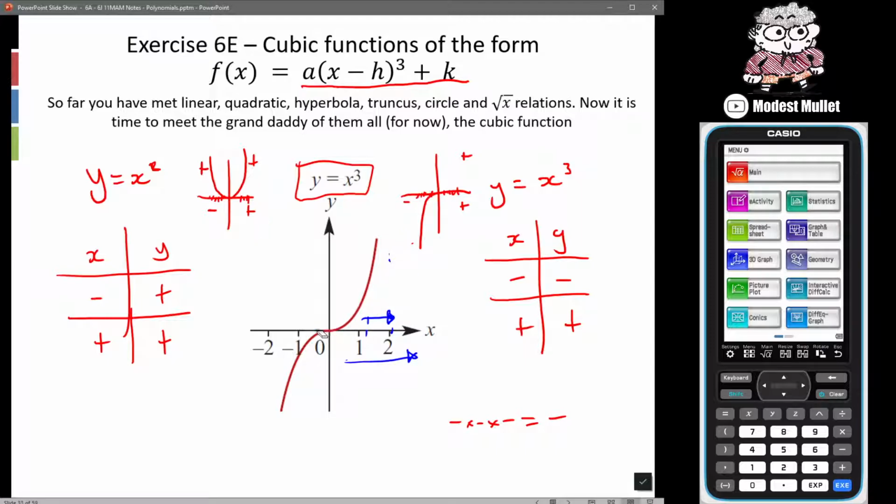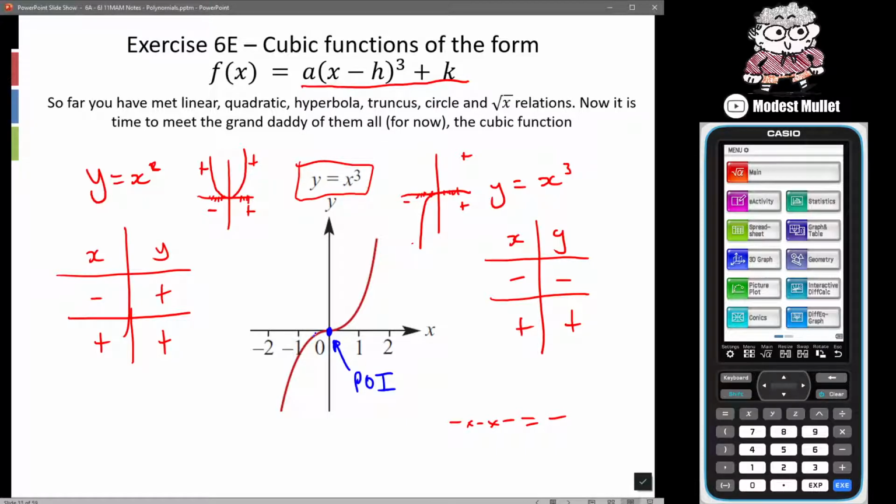Now, the other thing to note, like a quadratic, we have a key point on at least a standard form cubic. We have this point here. This is called a point of inflection. It's hard to see, and it's rarely ever drawn properly, but the gradient at that point is actually 0.